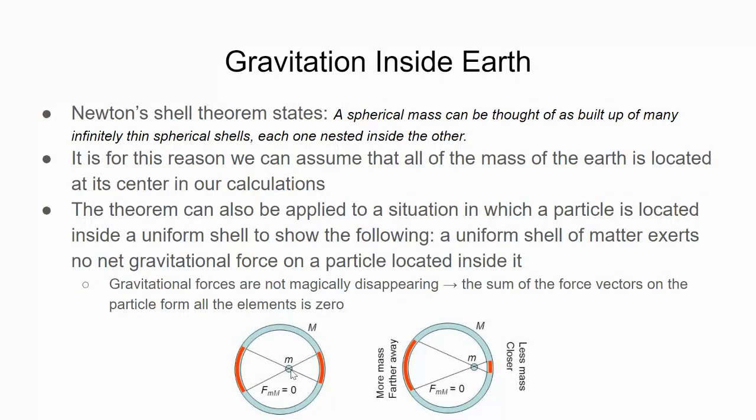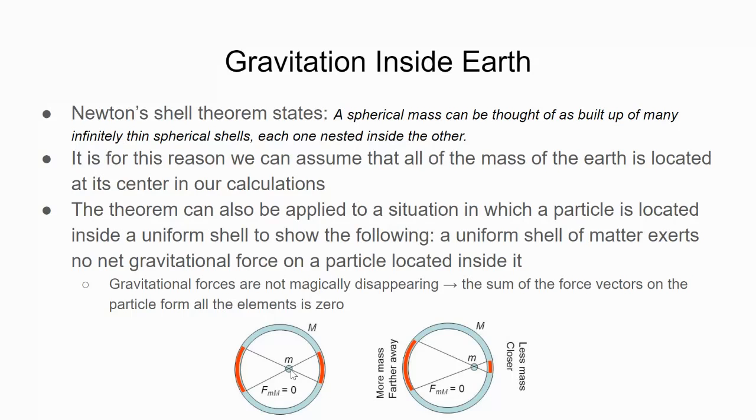So because of that, the force of gravity from the left-hand side is actually going to equal the force of gravity from the amount of shell on the right-hand side too, because even though the amount of mass on the right-hand side is smaller, we're closer. So the r is smaller in that case. It has to do with that inverse square relationship, and where the mass is located, and how those forces balance one another out.